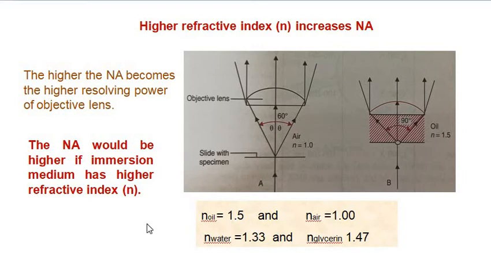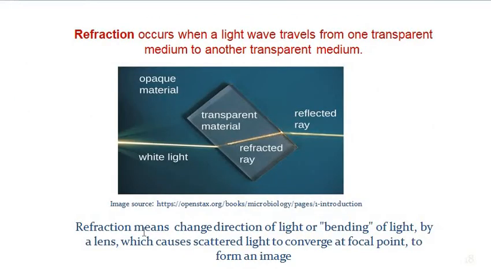Keep in mind that if the refractive index is higher, the numerical aperture will be higher and the resolving power of the microscope would be higher. So resolving power is directly proportional to the numerical aperture. The higher the numerical aperture, the higher the resolving power. And the resolving power is also dependent on the light.